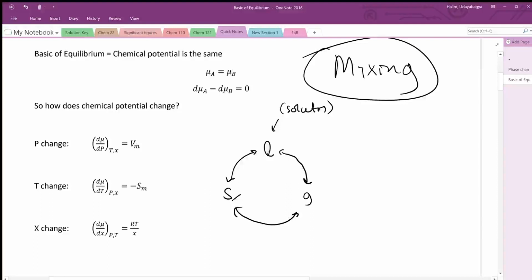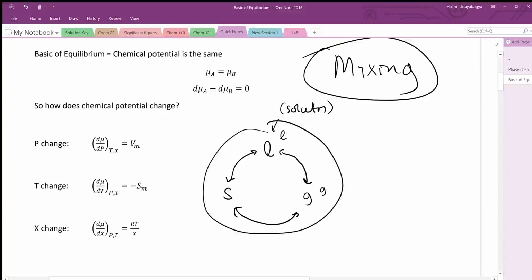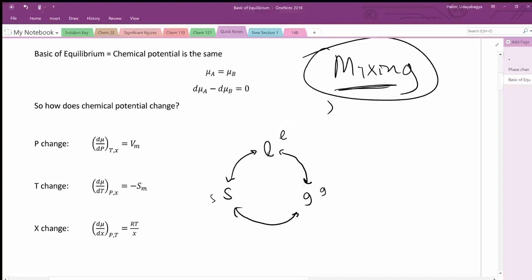So the combination becomes bigger now because you don't just look at 3 different things, but now you have impurities in the liquid phase or impurities in the gas phase, impurities in the solid phase, and whether you want to look at the pressure change or the temperature change, or one or the other. So the equations that you see in this particular chapter 5 on mixing are going to be quite numerous. But at the end of the day, the way to solve and derive each of the equations is going to be the same.